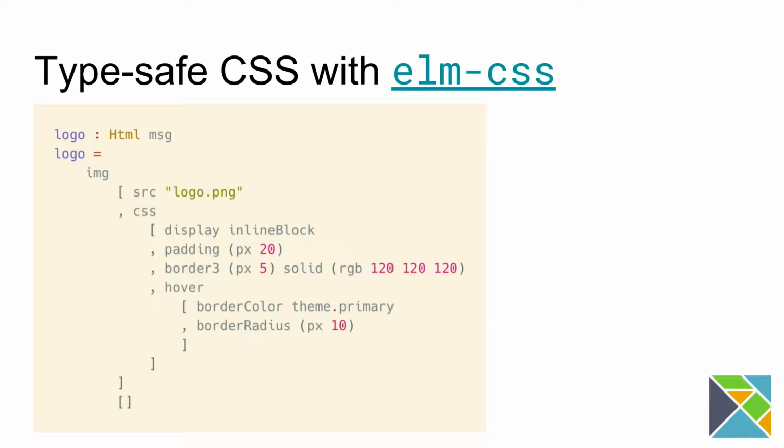And every property here, so for example display, padding, border, and so on, is a function, and then inline block is a type from the library, and it knows, so you can say display and, I don't know, solid black. It will fail at compile time and provide a meaningful warning message of what went wrong, so you can easily fix it.